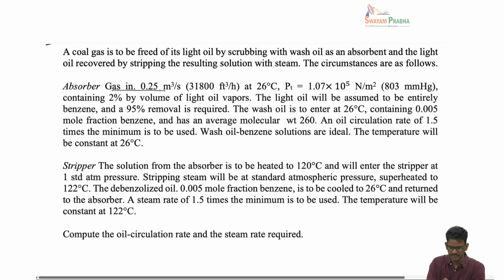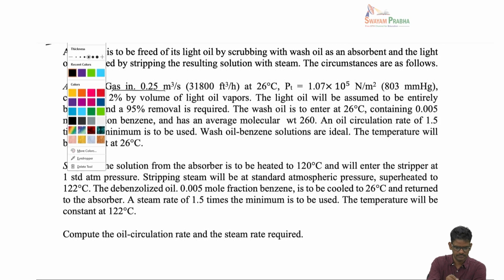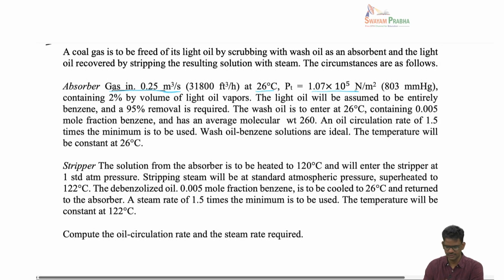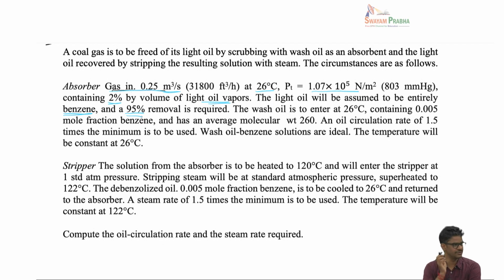First we do absorption, where a gas flow rate is given in cubic meters per second, and temperature and pressure are also given, and it has 2% of some vapors, and this vapor is nothing but benzene, and we want to remove 95% of this. So the incoming gas has 2% of benzene, of which 95% we want to remove. This is the design specification. Y1 is mentioned, Y2 is also mentioned.